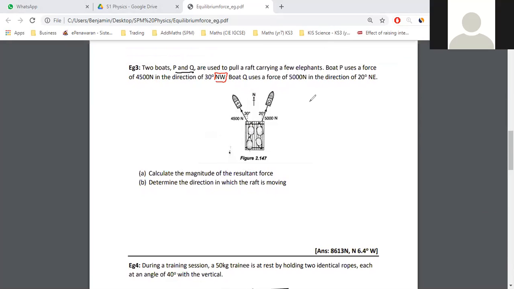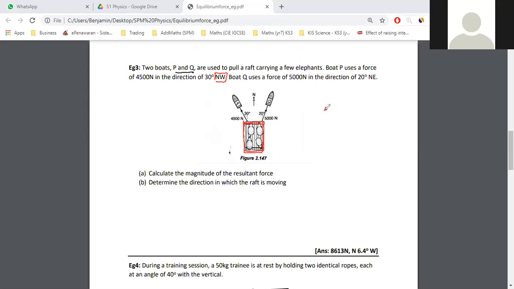Okay, you draw the diagram. What are the forces acting on this one? Not the boat, not this boat, and not this boat. We are interested in studying the forces acting on this one, the raft. So we treat this as a point mass.